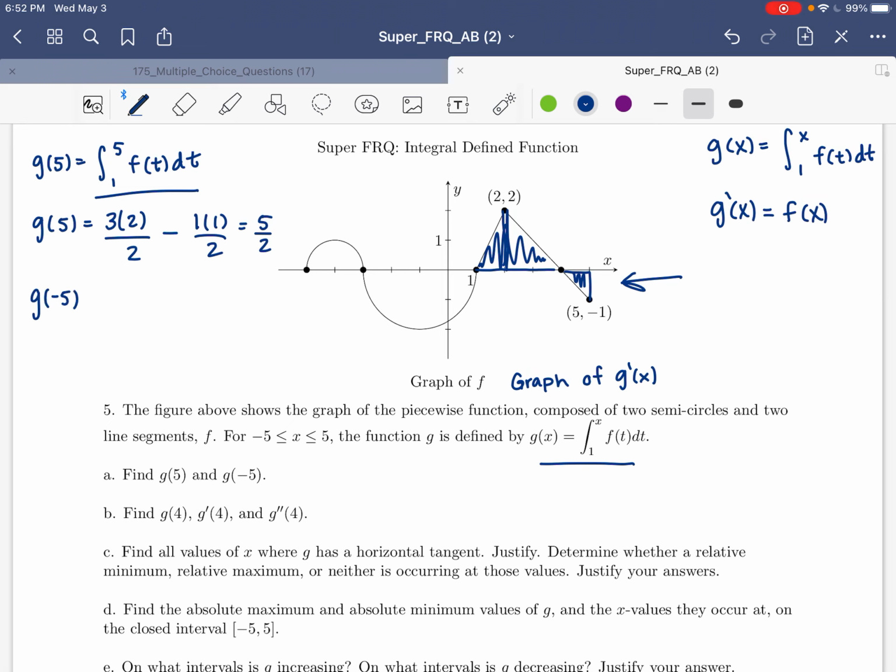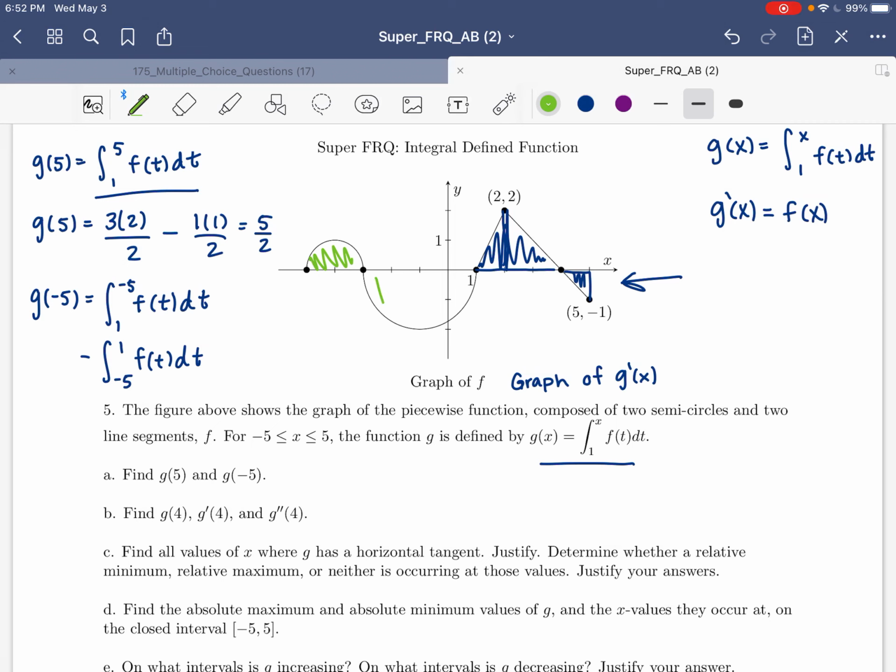Then the next one I need is g of negative 5. So that's going to equal from 1 to negative 5 f of t dt. But notice that's in the wrong order, so it's really going to be negative 5 to 1 f of t dt. So negative 5 to 1, that's 1, 2, 3, 4, 5.